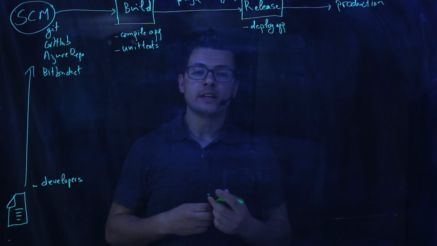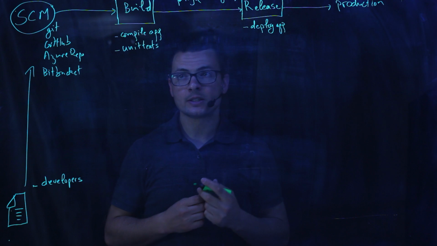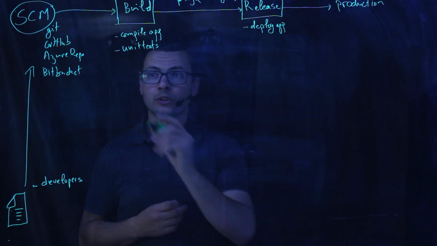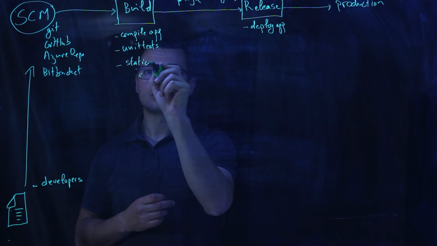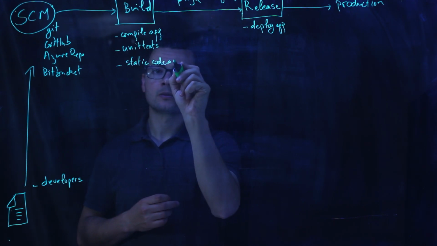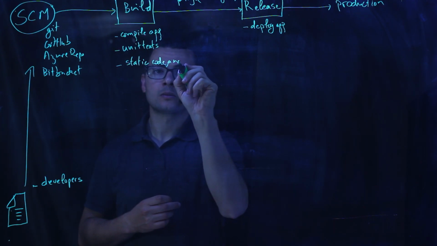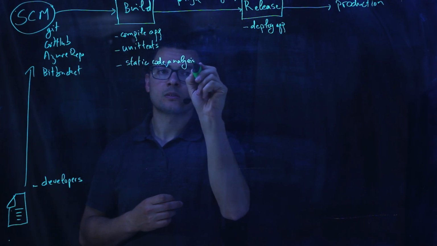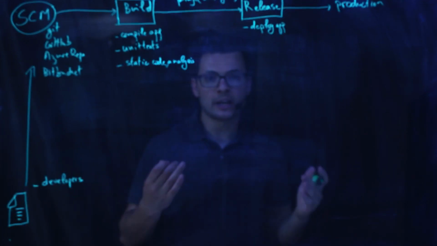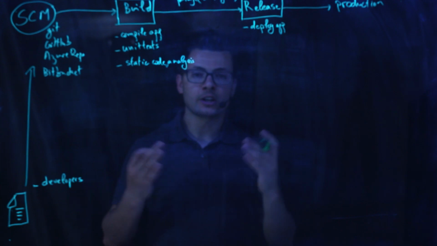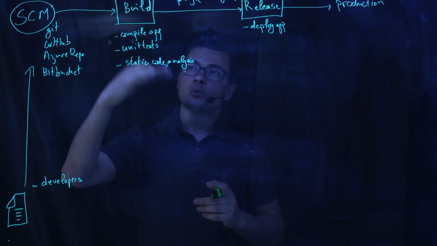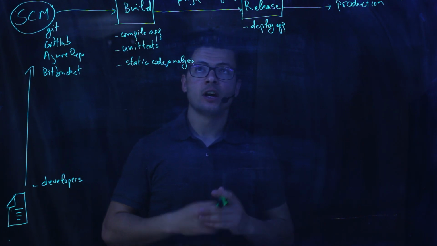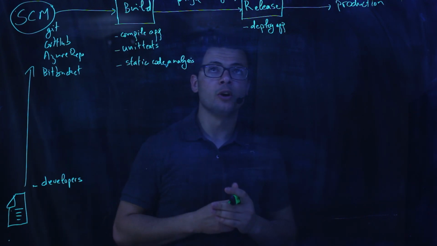Maybe I want to run a static code analysis for my source code. Here maybe I want to use something like SonarQube, for example. So this makes sure my package is ready to be deployed.